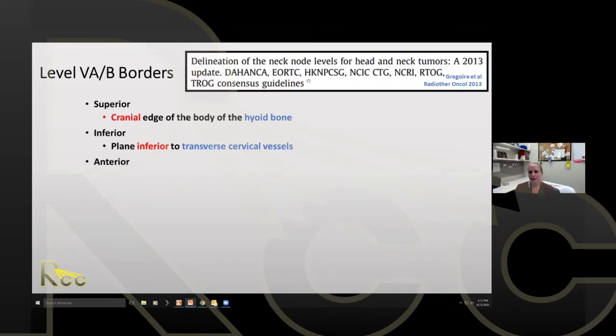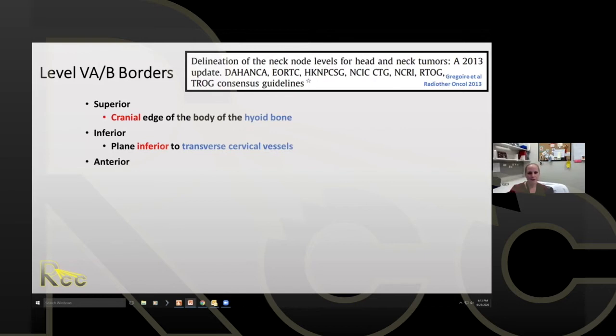We know that's not necessarily true, and so we've modified the way that we define the lymph node levels for imaging-based guidelines, and that's the same for the inferior border as well. So currently, the radiographic definition for CT-based anatomy is the plane inferior to the transverse cervical vessels for the inferior border. What about the anterior border of level 5?